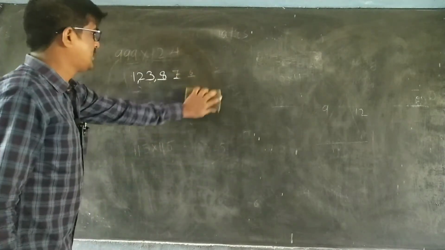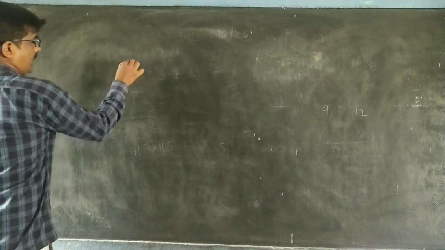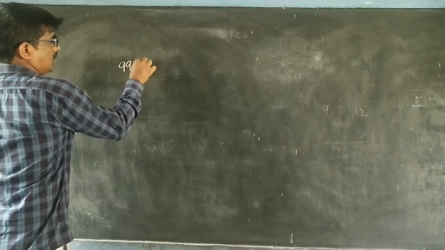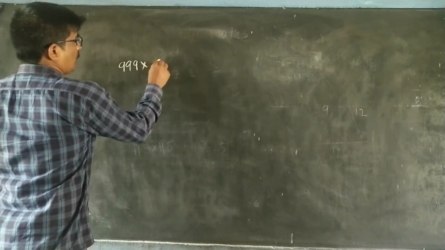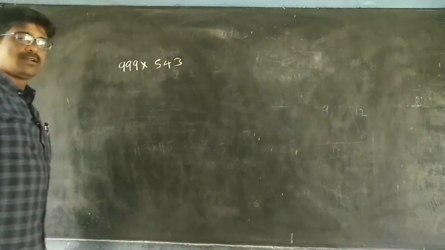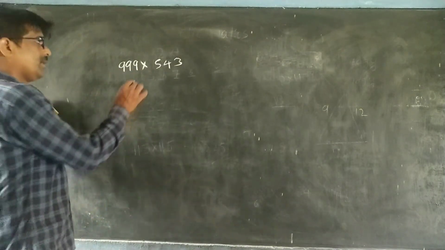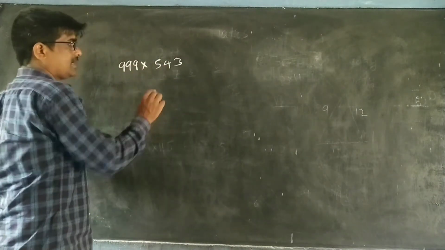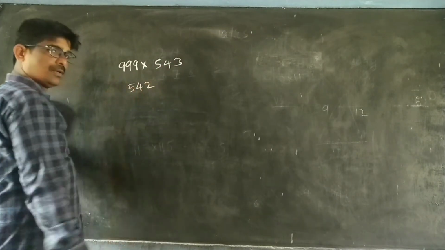Again, one more example. First listen. Same 9s, into 543. 543 into 999. In this situation, same. Write one number less, that is 542.